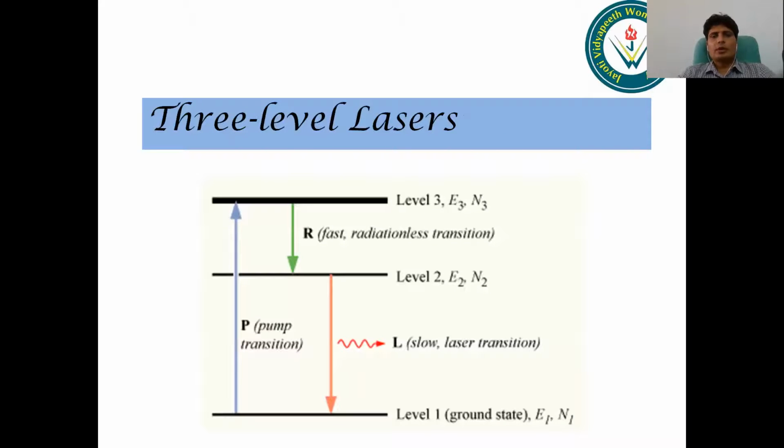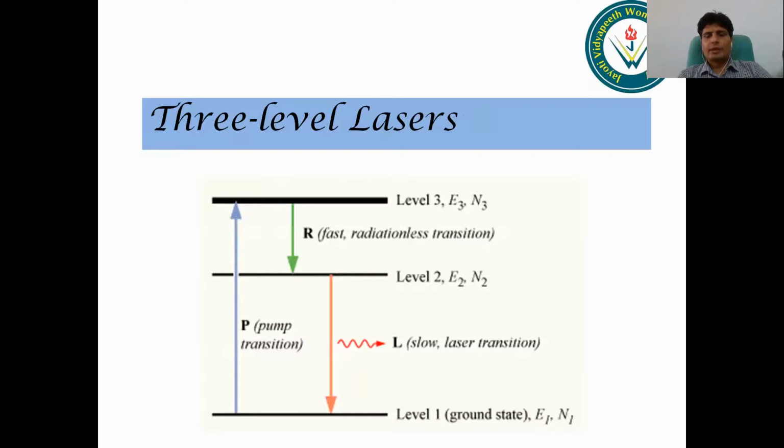So what is population inversion? In a sample of a large number of atoms at temperature T in thermal equilibrium, the distribution of atoms in different energy states follows the Maxwell-Boltzmann distribution.